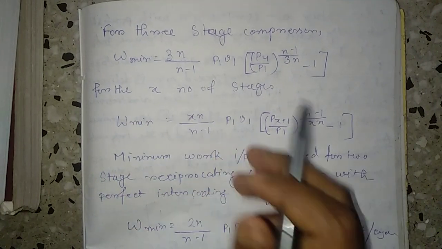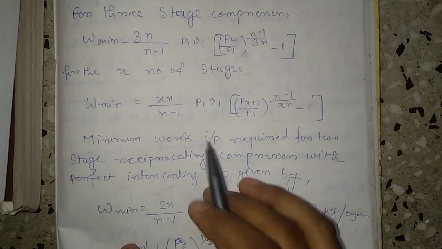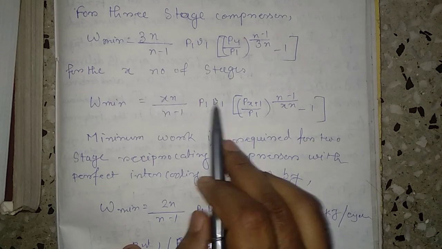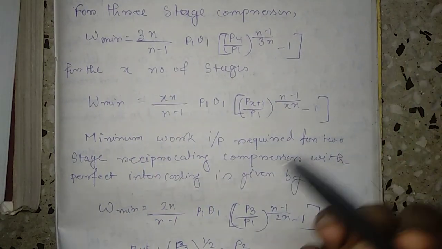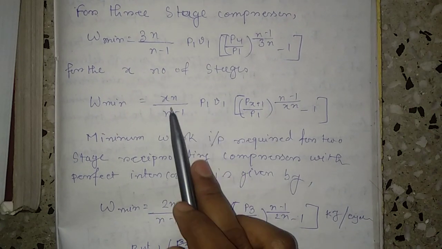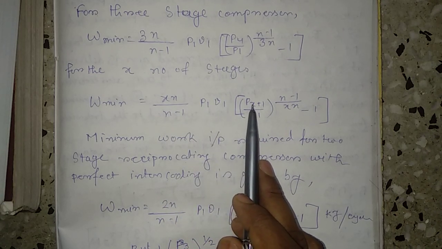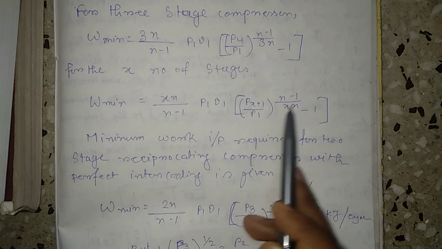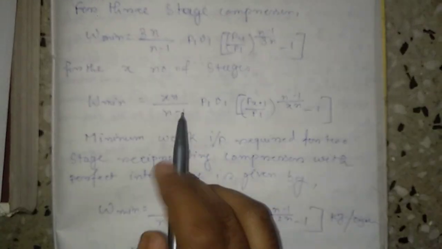So if the multi-stage compression process takes place in x number of stages, the expression is x into n divided by n minus 1 into P1 V1, and x will be 1, 2, 3, 4 depending on the number of stages. If it is 2 stages, x is 2, and the equation becomes 2n divided by n minus 1 into P1 V1, (P3 by P1) to the power (n minus 1) divided by 2n, minus 1. If it is 3, it will be 3n.